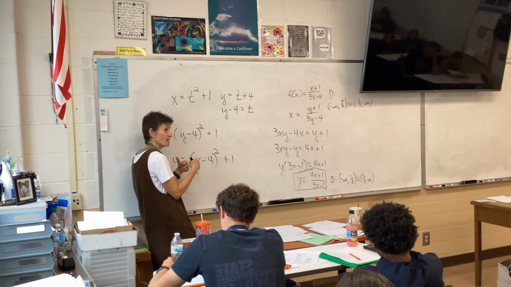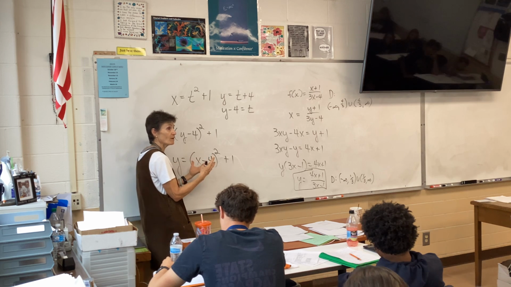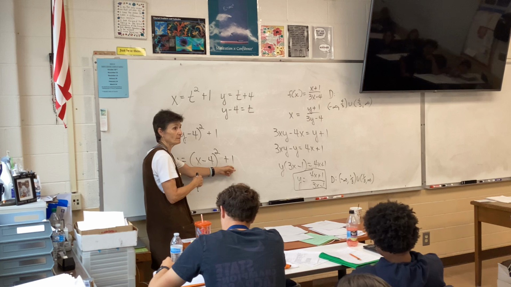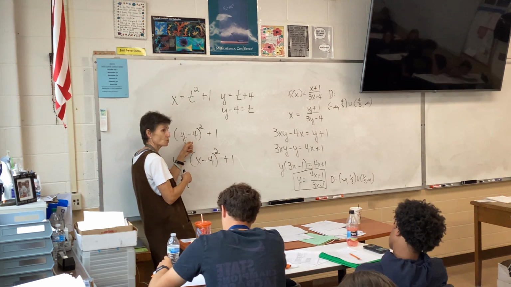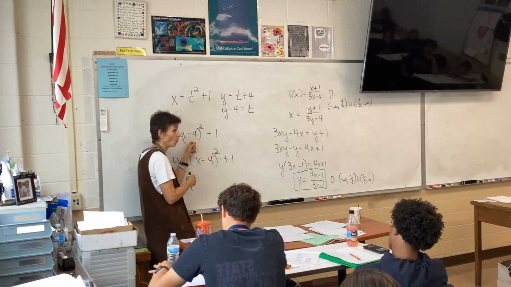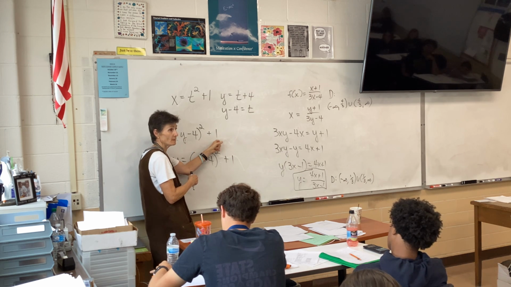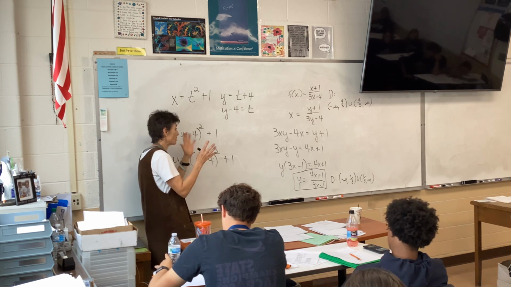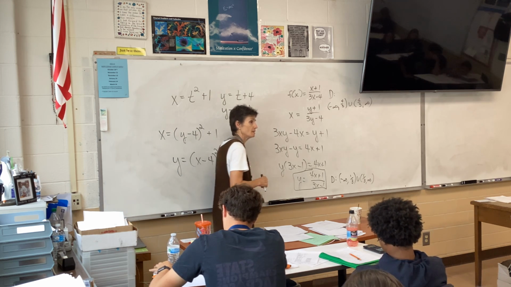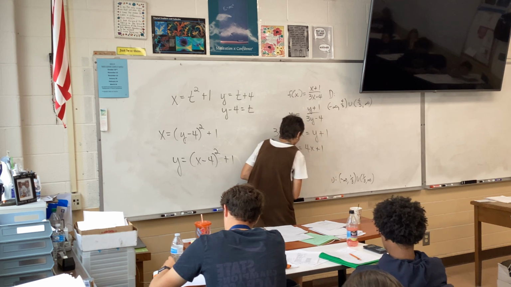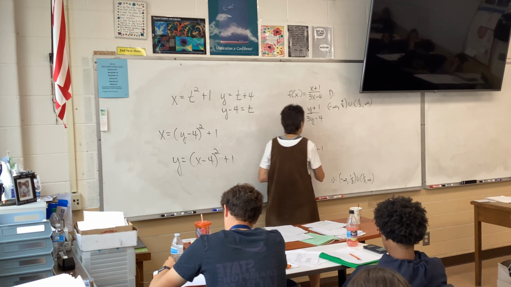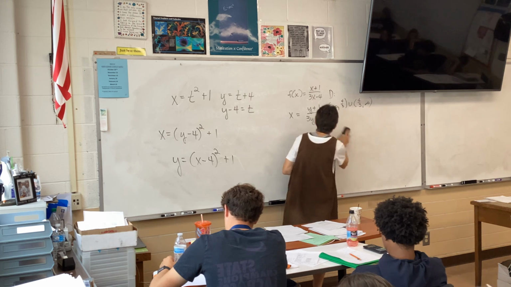What has changed is the order of the variables. X is 4, y is 1, right 4, up 1. But this is the y, so this means up 4 and right 1. The variables behave just the same. The equations just turn around. All right, so one more.